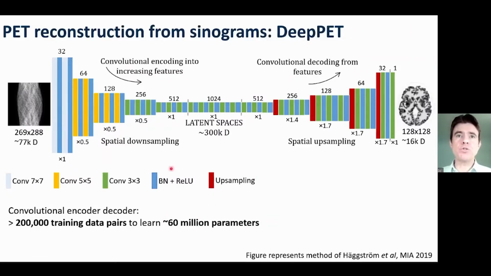But also, by using these convolutional mappings, they're only learning 60 million parameters, which compares favorably. I think I estimated 100 million parameters for one single linear mapping early on. So they've got a parameter reduction, and yet we're still talking a large number of parameters, and so a large amount of training data is needed.